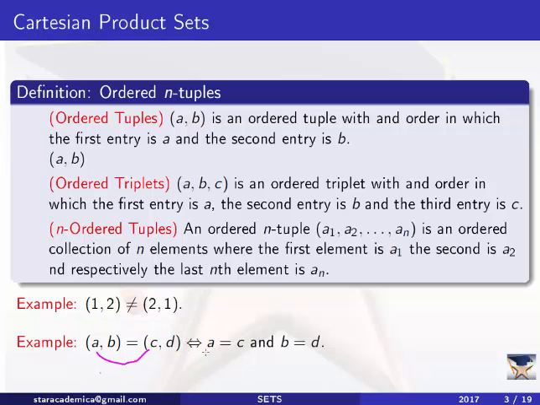So A must equal C, and B must equal D. This goes both ways. If you have two tuples equal to each other, then A is equal to C and B is equal to D, and vice versa. If A is equal to C and B is equal to D, then the tuples are equal, which is trivial.